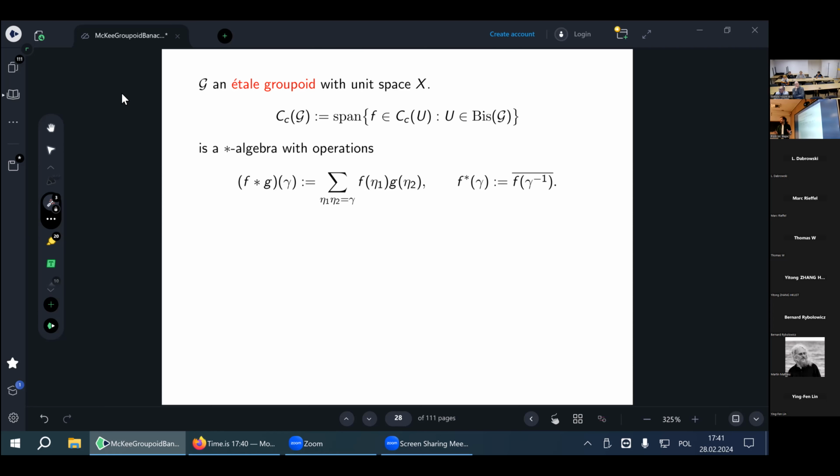Even in the non-Hausdorff case, compactness doesn't work how you would expect. So this was the idea of Hans. Instead of working with the traditional C_c(G), we replace it by the linear span of genuinely compactly supported functions that live on bisections only.